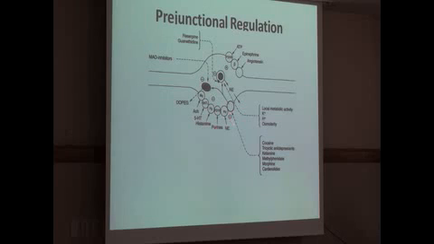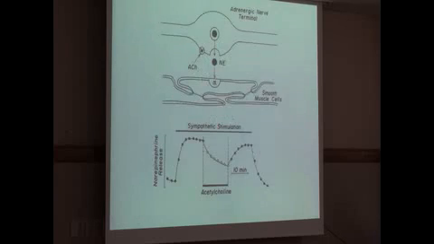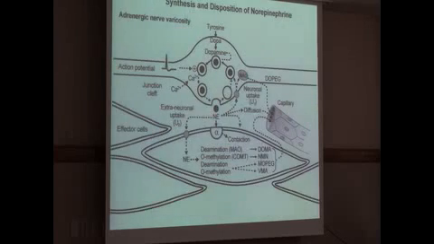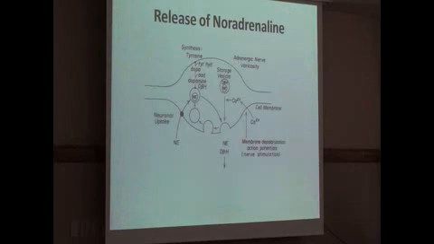Then there are others that do it. Noradrenaline itself, if there is a very high concentration of noradrenaline, it will feed back. So if we go to that situation here, if the nerve is activated, becomes more and more active, the concentration of noradrenaline will increase and increase.